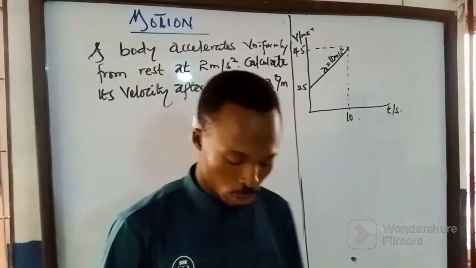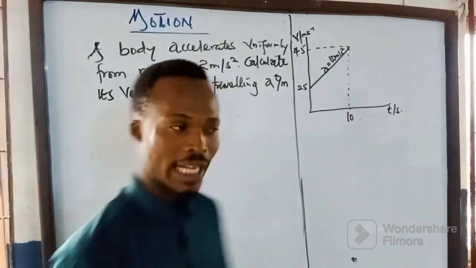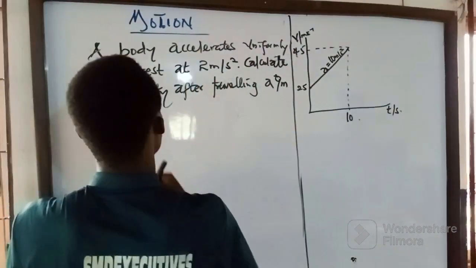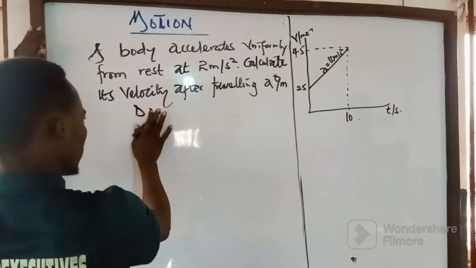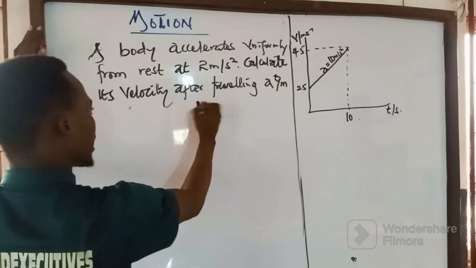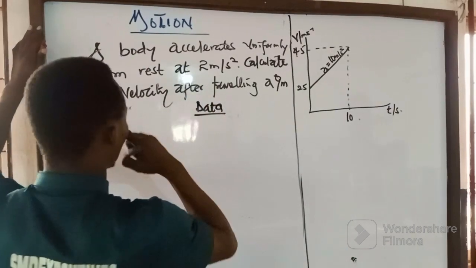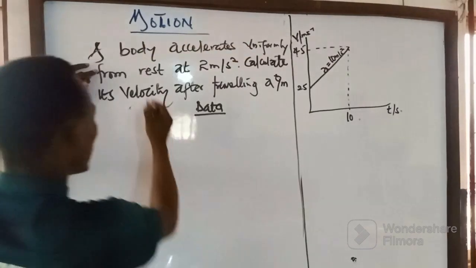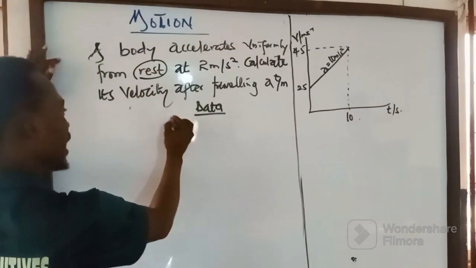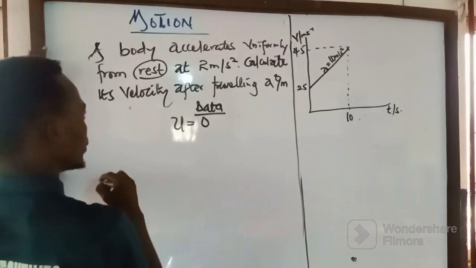The first thing we need to do is to write out our data. What are the parameters we have been given? A body accelerates uniformly from rest. Rest simply means that the initial velocity is equal to 0.